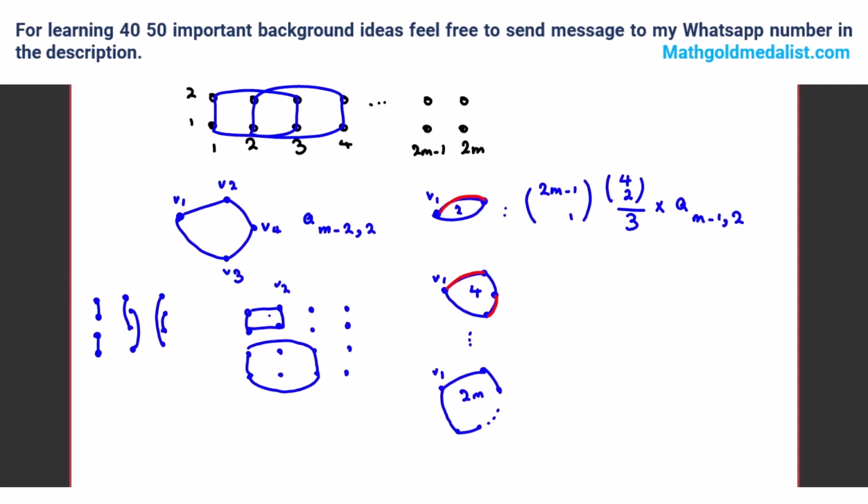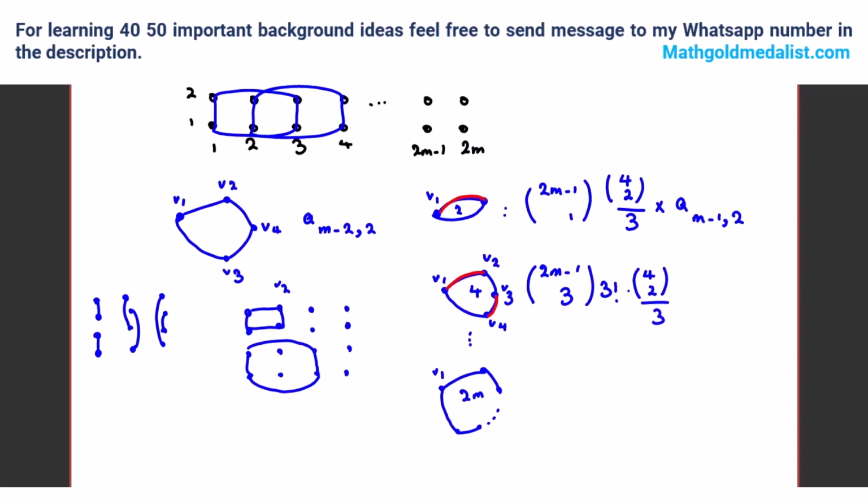Red means if you consider, for example, this one as red cases, this one as blue cases. Okay, so we can say 2m minus 1 choose 3. I will explain here. Because red, blue, for example, we select v2, v3, v4 without loss of generality. We multiply by 3 factorial, then we say, okay, 4 choose 2 over 3.